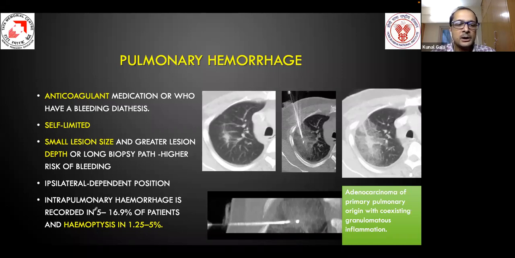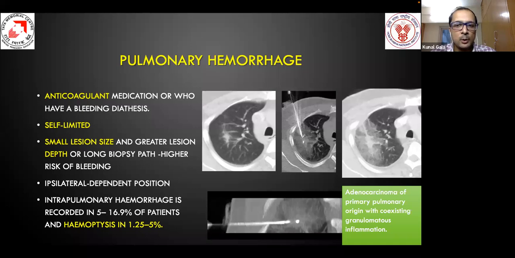Intrapulmonary hemorrhage is recorded in 5 to 16% of patients, and hemoptysis can occur in less than 5% of patients. This can be resolved with minimal counseling of the patient, and it's self-limiting.